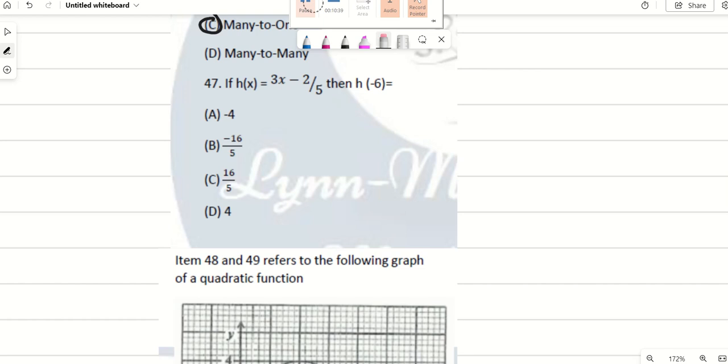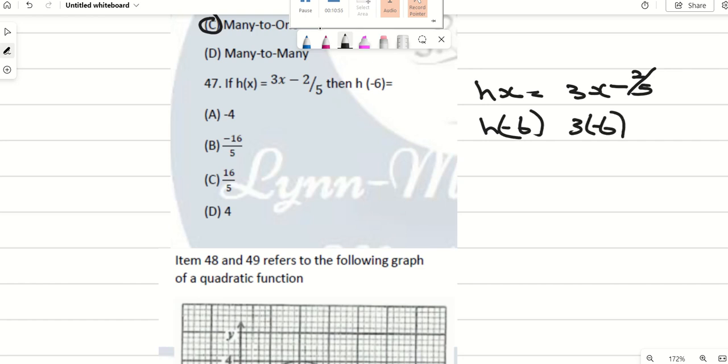Number 47. If h of x, they're telling you that h of x is equals to 3x minus 2 over 5. Right? They want to know what is h of minus 6, meaning wherever we see x, we're going to put minus 6. Is 3 by minus 6 minus 2 over 5. Right?